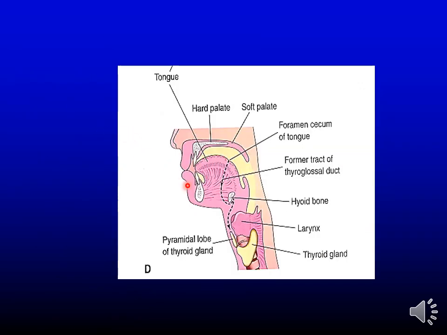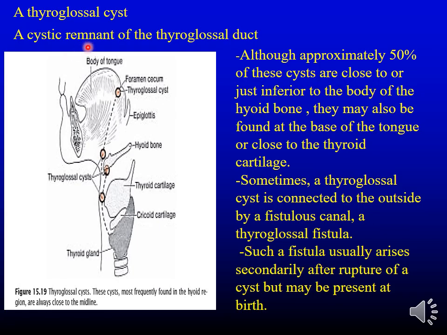This picture shows the migratory pathway of the thyroid gland until it reaches its final position. The thyroglossal cyst is a cystic remnant of the thyroglossal duct.